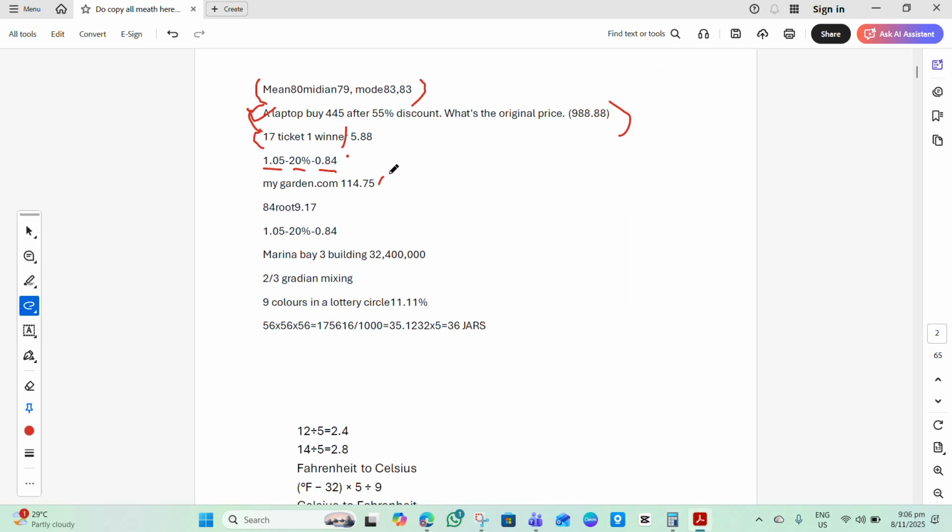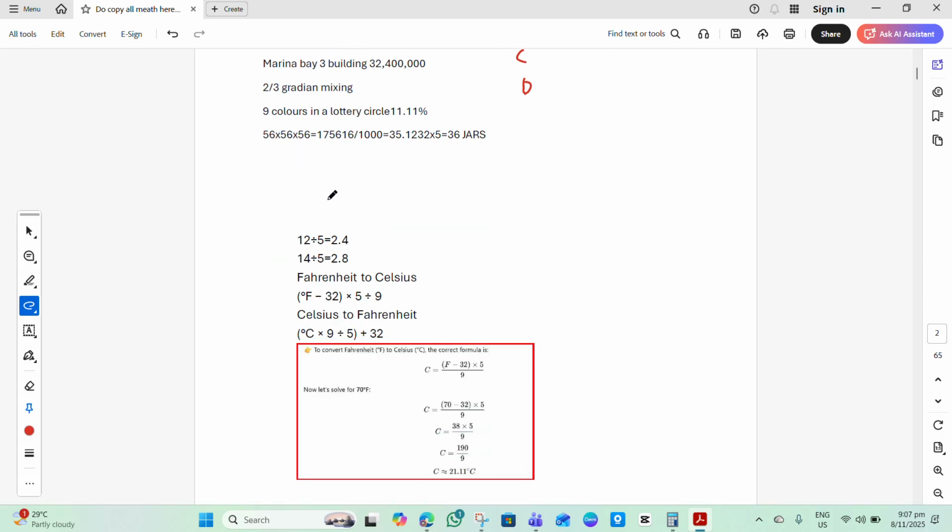When this type of question comes, they show three options, A, B, C and D, asking which resource will cost less. For example they show mygarden.com at 114.75, and Marina Bay 3 building.